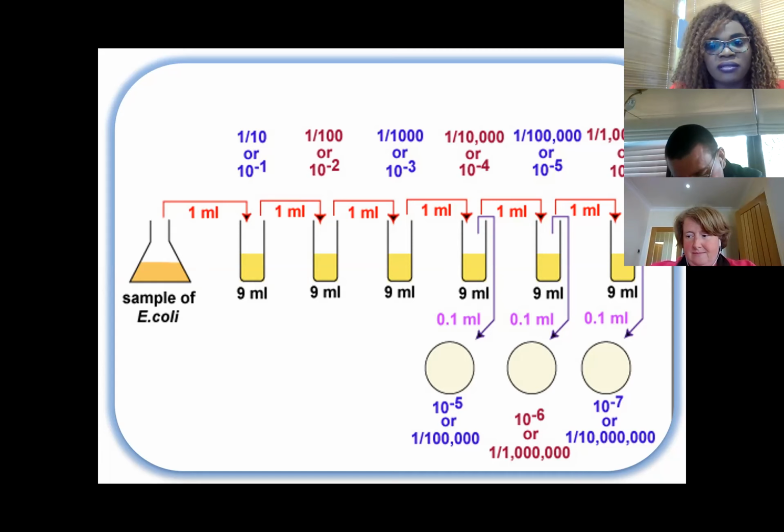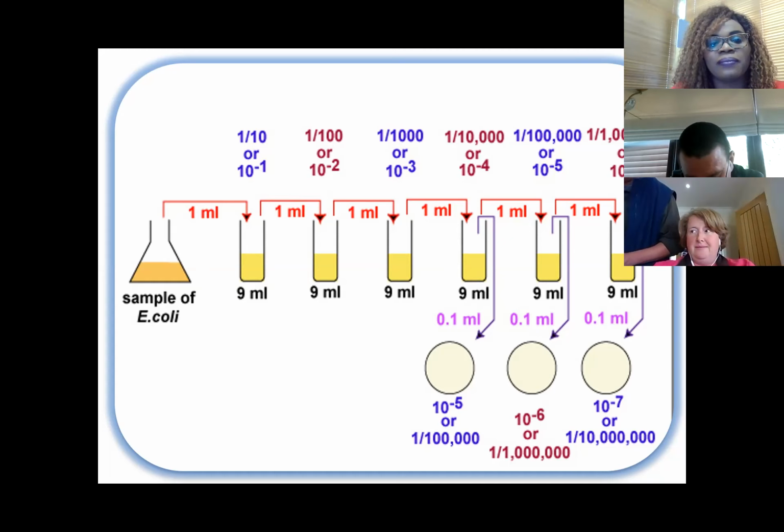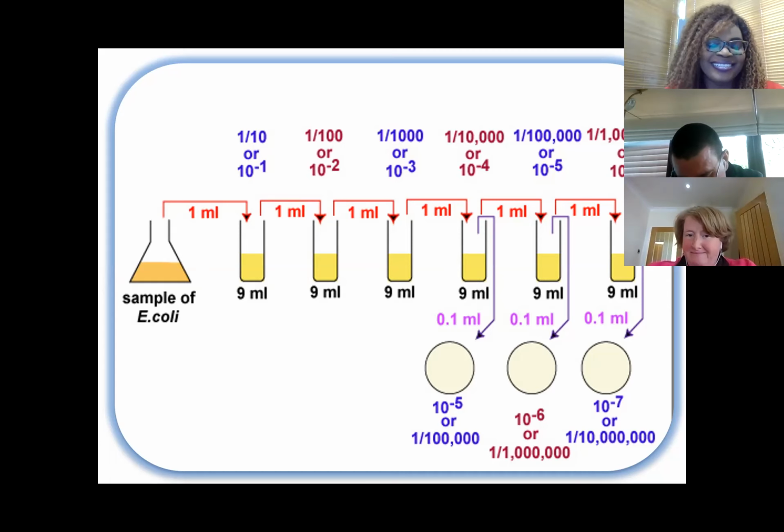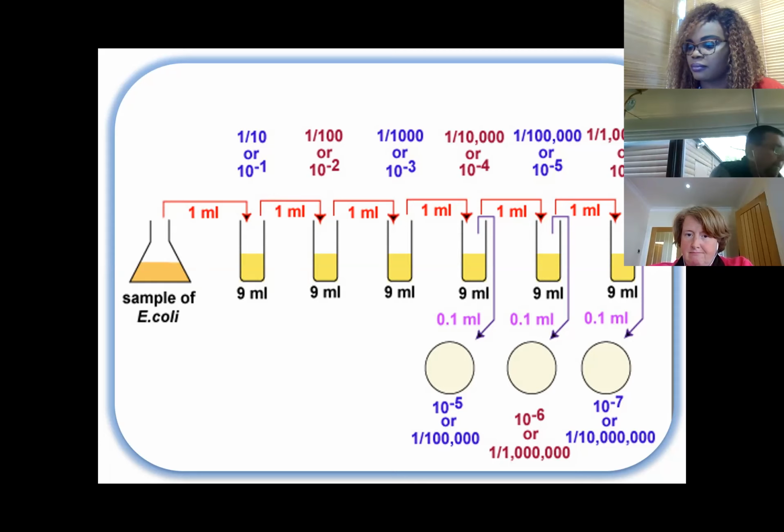So I have 33 cells there, and it's 1 million dilution.